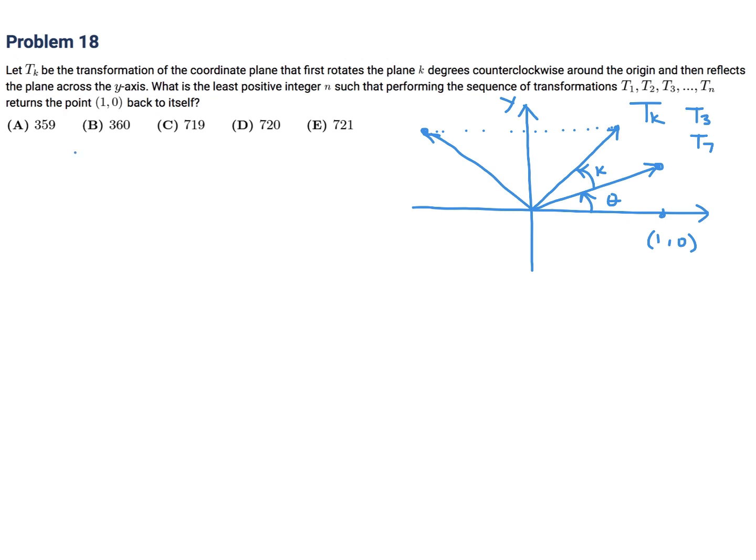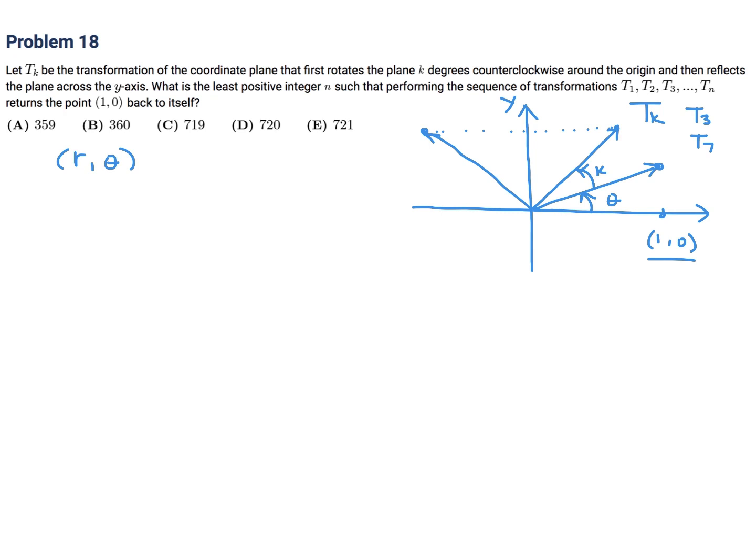So I'm going to write it in terms of (r, theta), where since they're giving us (1, 0), I'm going to use sort of a unit circle situation. And theta is sort of representing how many degrees it's rotating, and r is sort of the amount of distance, I guess.